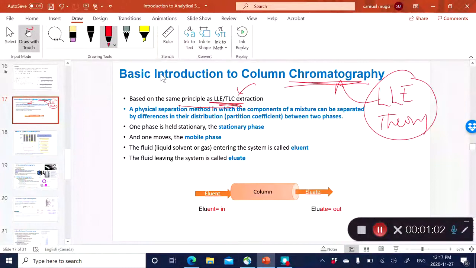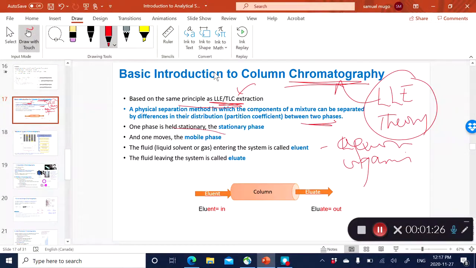And as I said before, the basis of that separation is a partitioning effect between two phases, which is often the aqueous phase and the organic phase, which we discussed in the previous lecture.